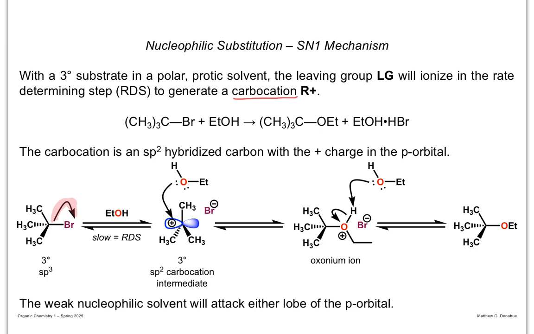It's a full arrowhead, so both electrons in the sigma bond are going to be owned by bromine. So when that happens, the carbon has to bear a positive charge. It becomes the carbocation. And carbocations are sp2 hybridized. So the plus charge resides in the p orbital.